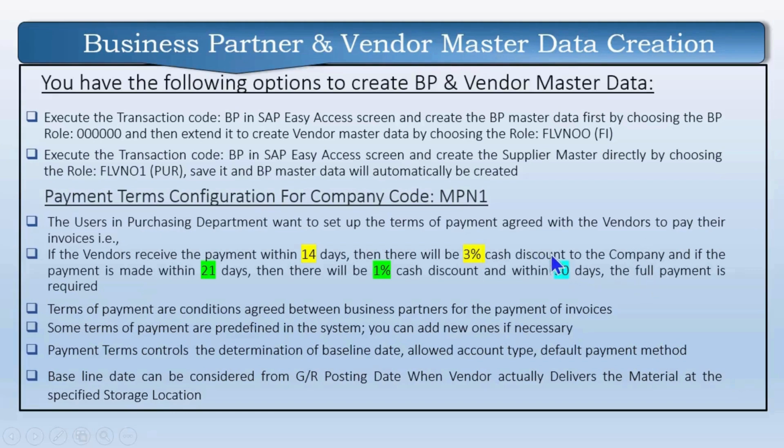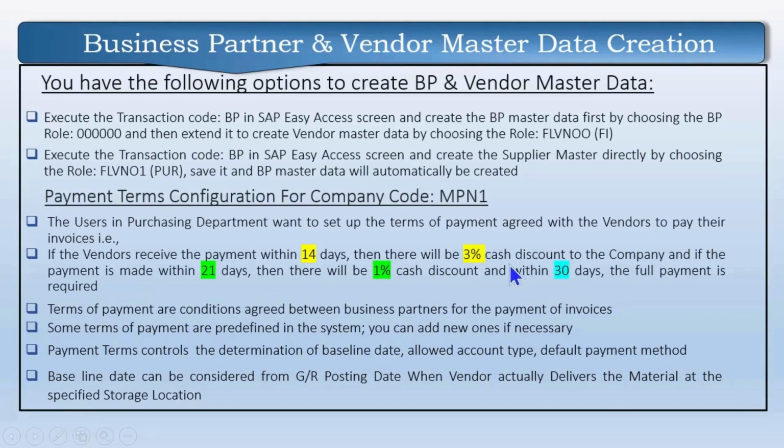Cash discount he will give us. If the payment is within 21 days, then he will give us a cash discount of 1% on the designated purchase order. So this goes through each purchase order.